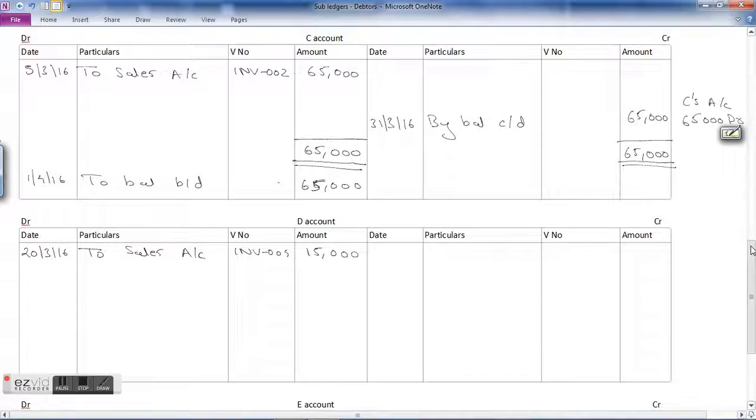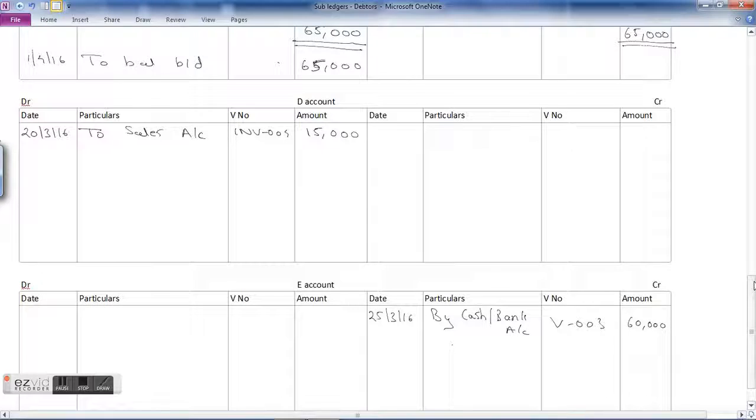Okay, now D's account. To sales 15,000, then the credit side total is 0, so 15,000.